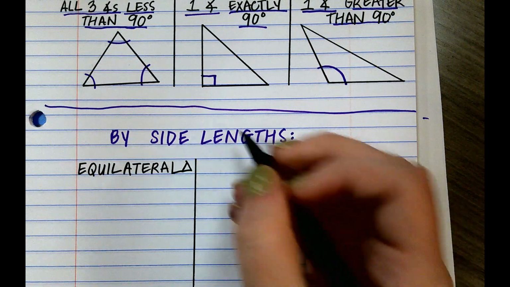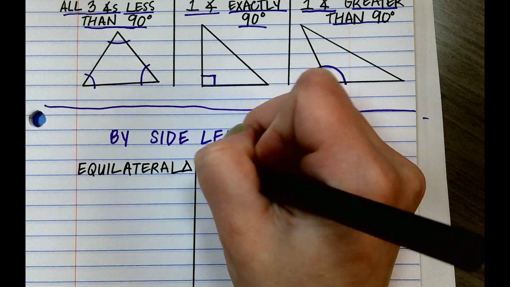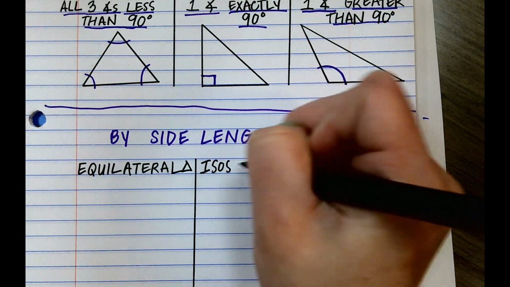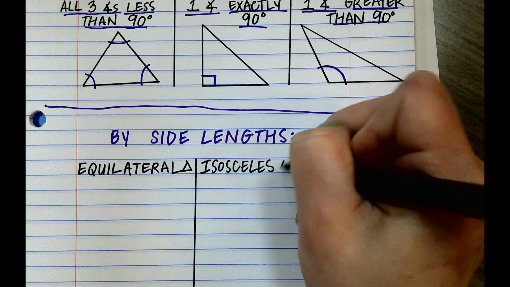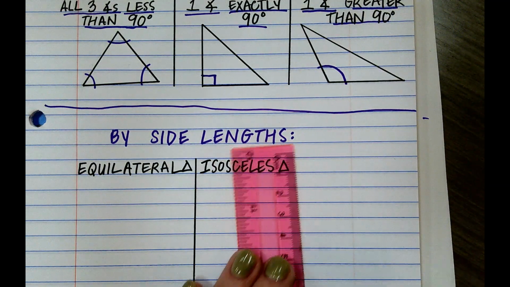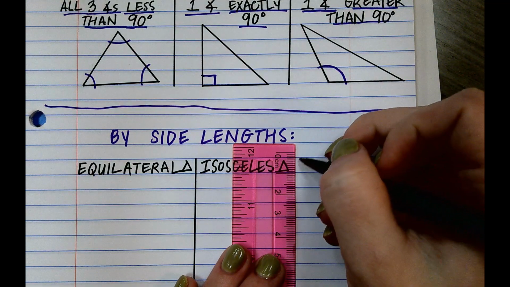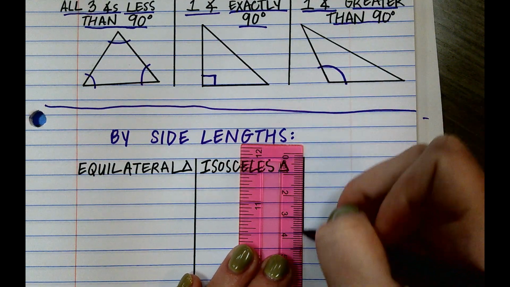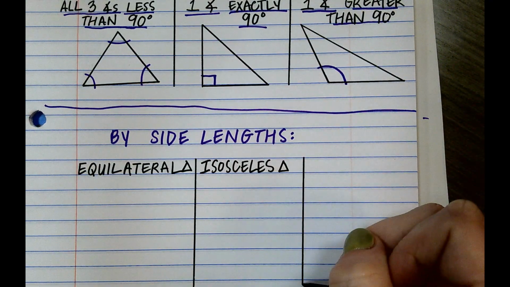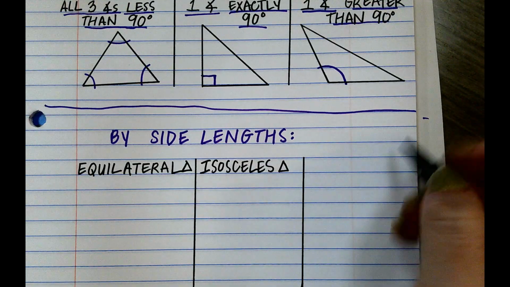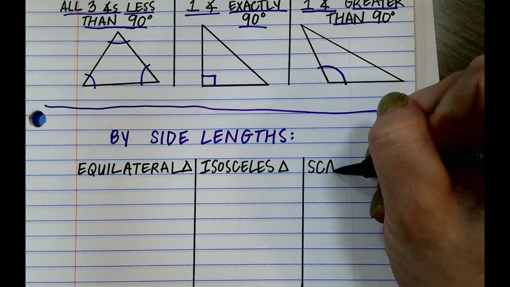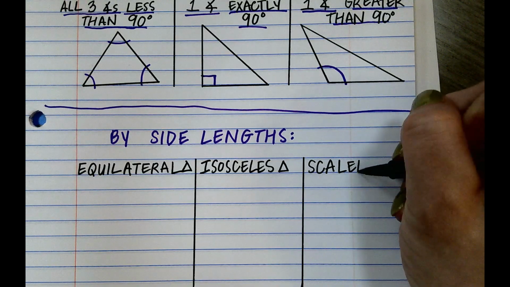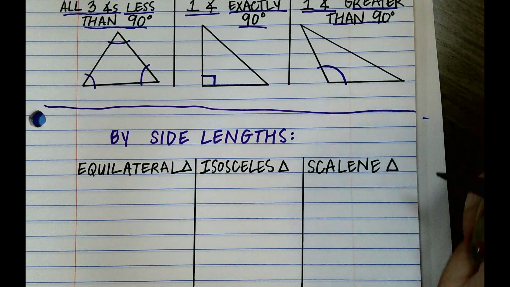Next, I have isosceles. And then we have, last but not least, scalene. Scalene triangle.